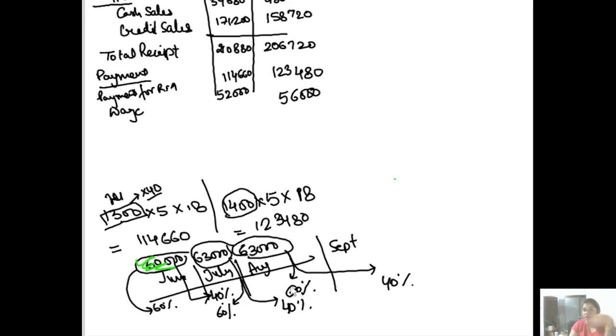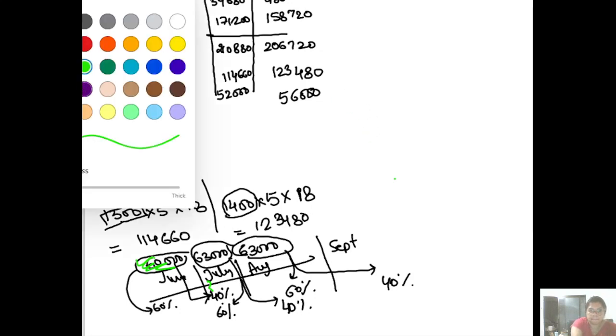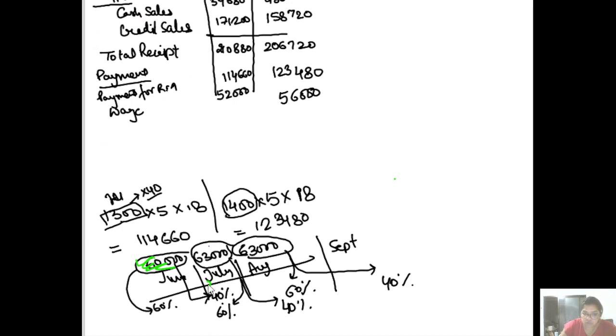Okay, so now we calculate this. 40% for the month of June, 60,000 into 40%, that is 24,000. And 60% of 63,000 is 37,800.